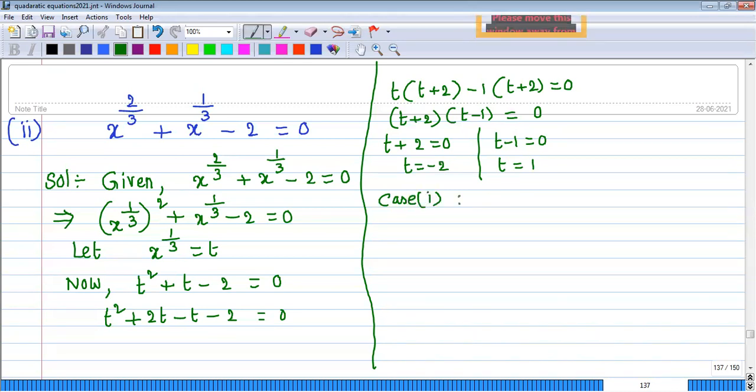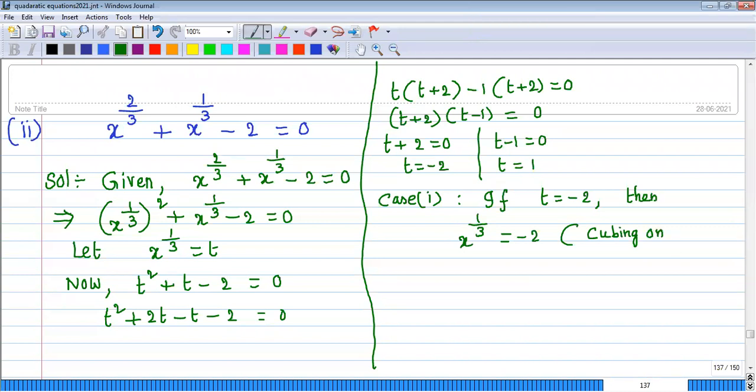Case 1, consider t is equal to negative 2. But what does t stand for? t stands for x raised to 1 upon 3. That is equal to negative 2. So cubing on both sides, so as to get the x value.